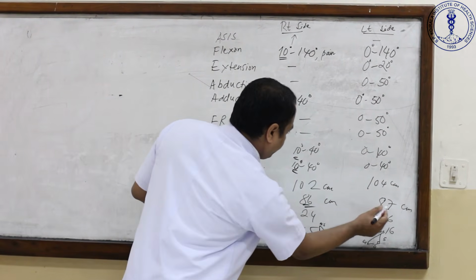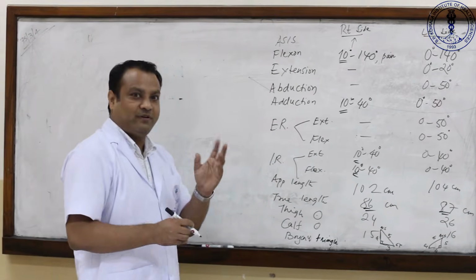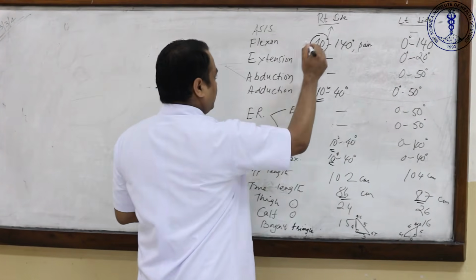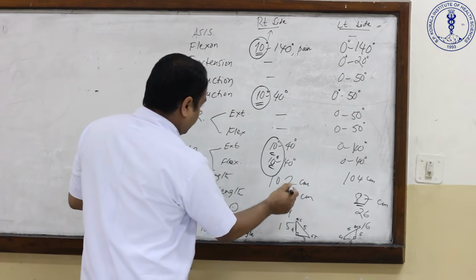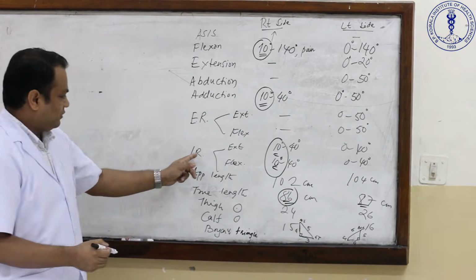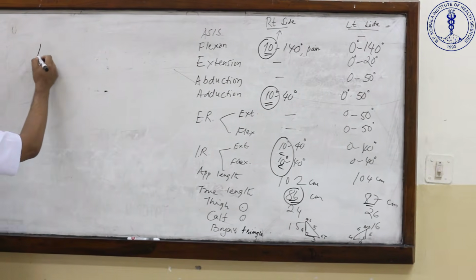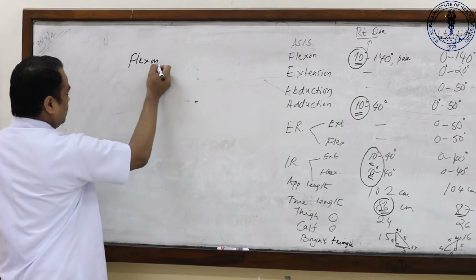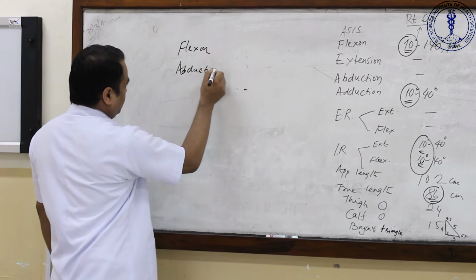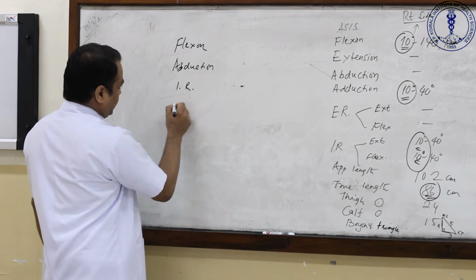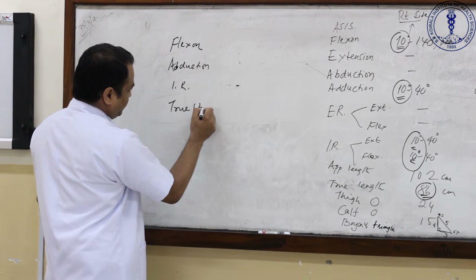So the combination of deformity is flexion, adduction, internal rotation, and true shortening of 1 centimeter.